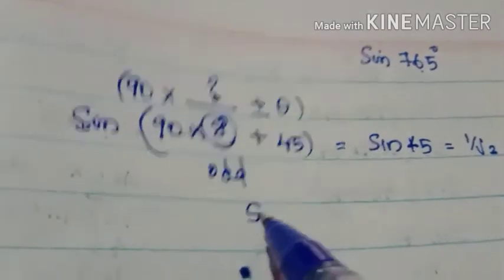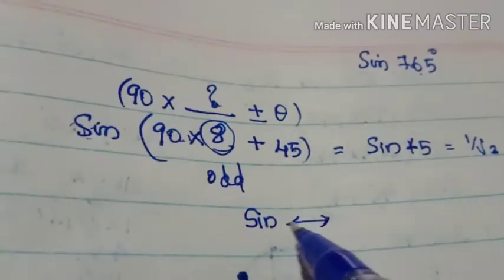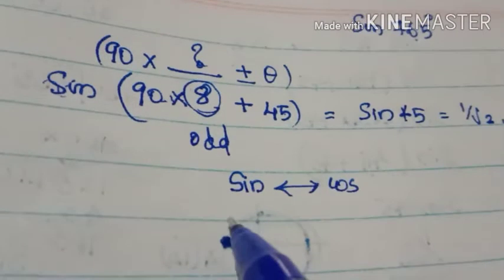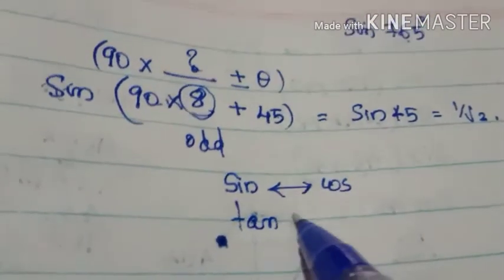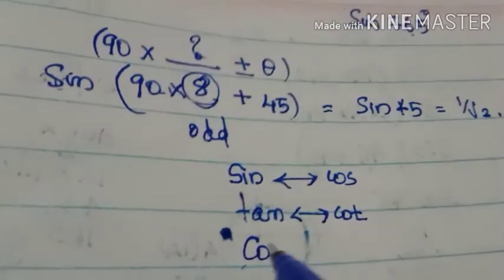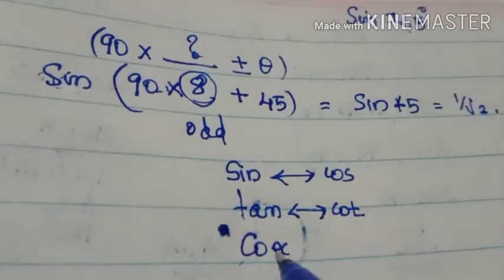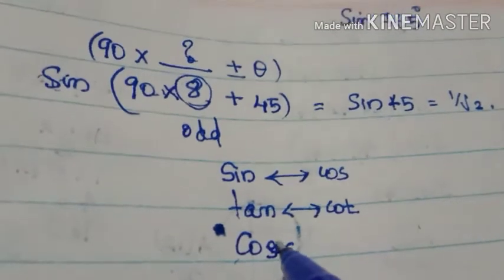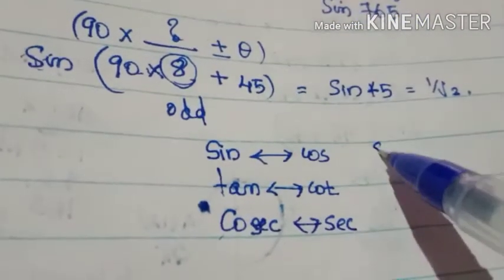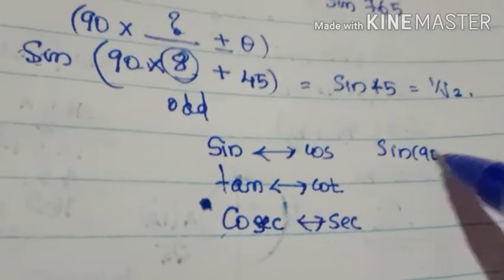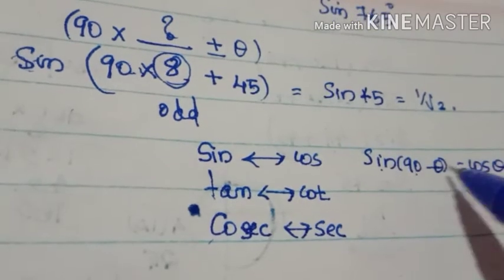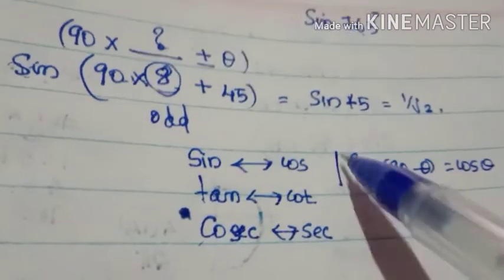Complementary ratio of sine is cos. Complementary ratio of cos is sine. Complementary ratio of tan is cot. And complementary ratio of cosec is sec. So this result is actually sine 90 minus theta equal to cos theta, or sine 90 plus theta equal to cos theta, that you learned in class 10.